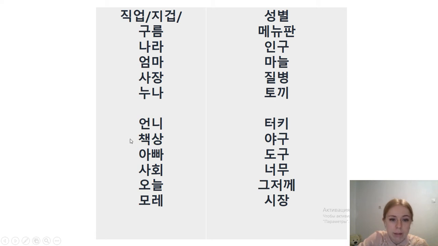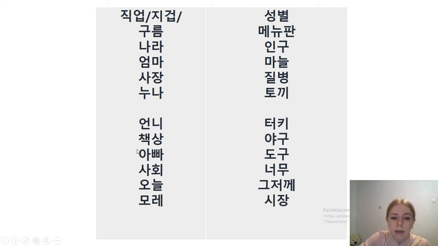The next one is 책상. Check, it's easy, but 상. Again, this circle is in 받침, so we have to read it, and we have 상. I don't read it like 산, not 산, but 상, with ng sound. So we have 책상.